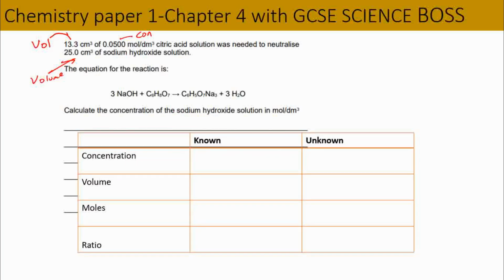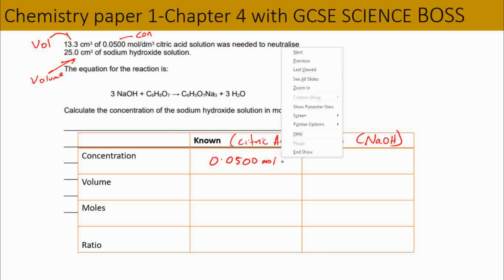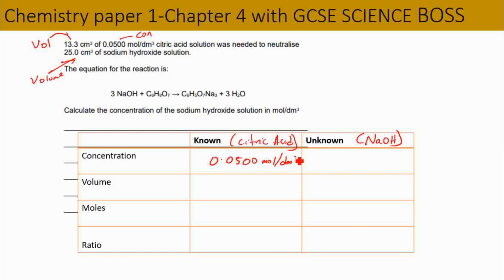Now we set up our calculation card. What is my known? My known is my citric acid. What's my unknown? My unknown is my sodium hydroxide. Concentration is 0.0500 moles per dm cubed.